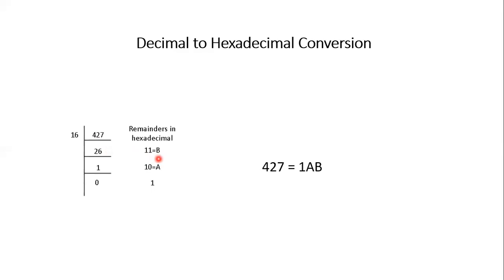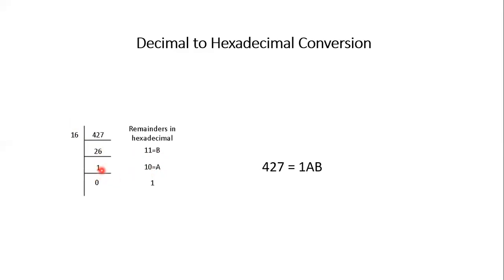Therefore 11 is a B. Okay, so that is the remainder. Then again 16 into 26, 1. So remaining is 1 16 is 16. Therefore remainder is 10. So 10 stands for A.